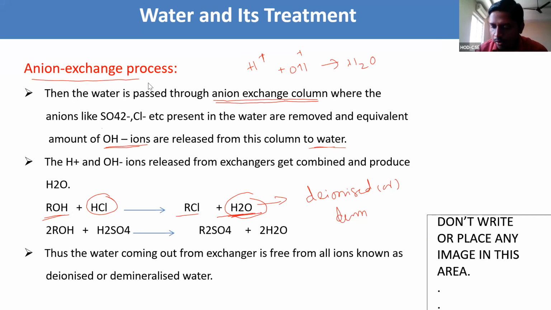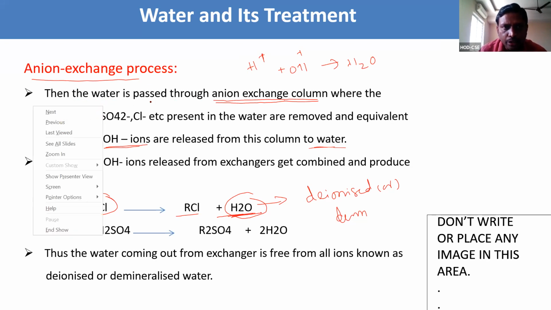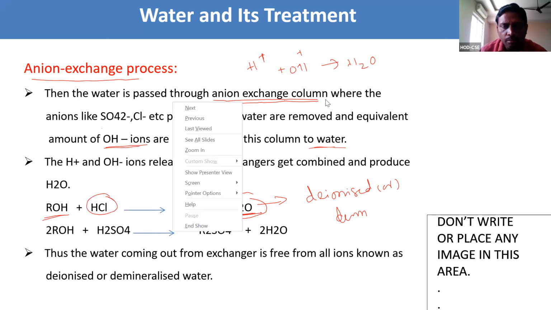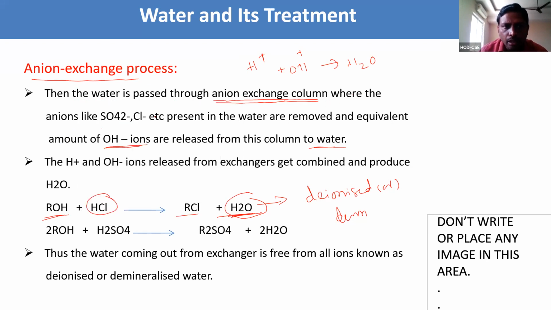Now the water coming from the first column, the cation exchange resin, which contains HCl and H2SO4, is passed through the anion exchange column, where anions like sulfur and chlorine present in the water are removed and an equivalent amount of OH minus ions are released from the column to the water.